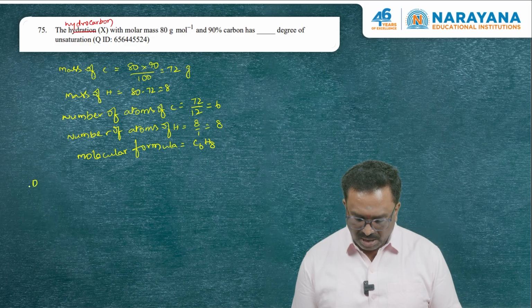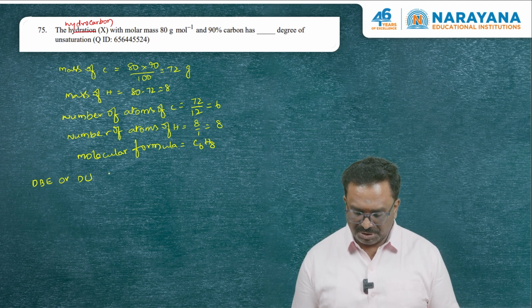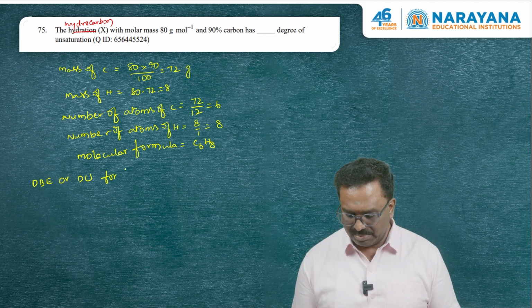Now double bond equivalent or degree of unsaturation for hydrocarbon exclusively, if we have hydrocarbon which is represented as CxHy, consider.